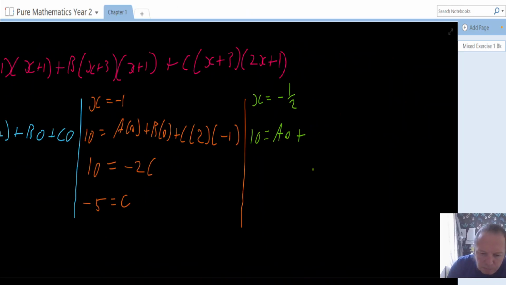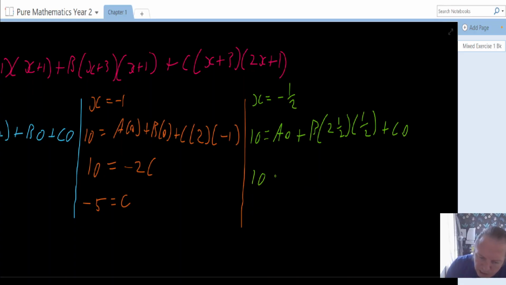So it becomes minus a half plus 3, that's 2.5, times minus a half plus 1, a half, plus c0.